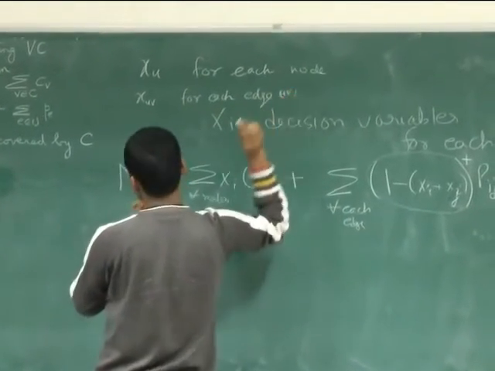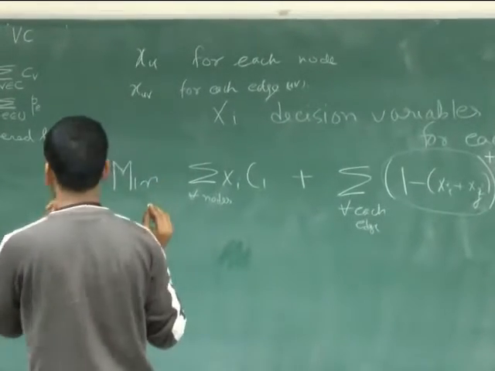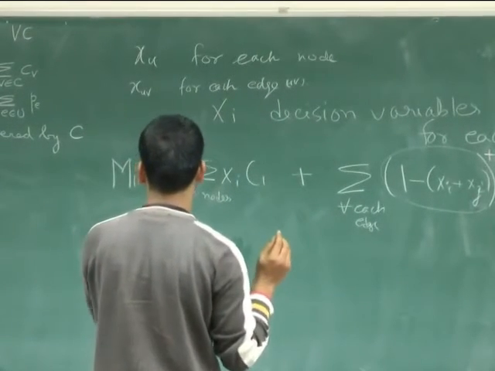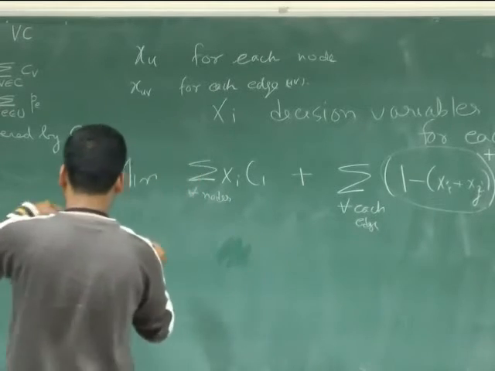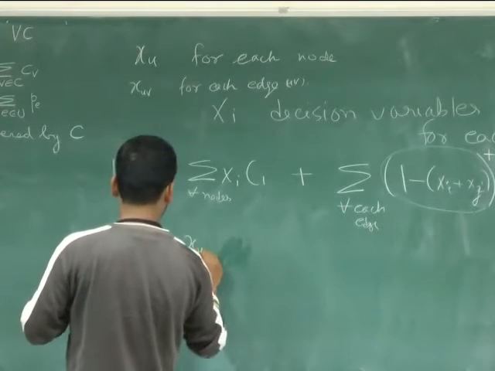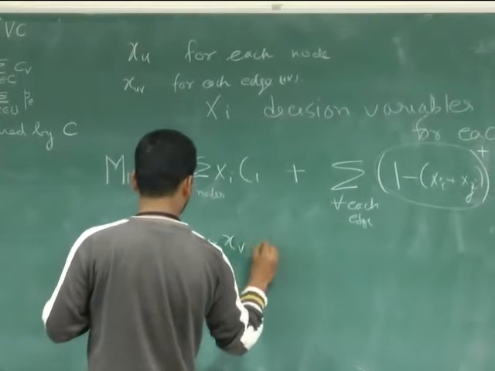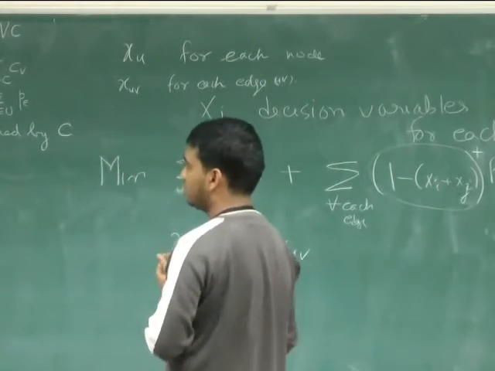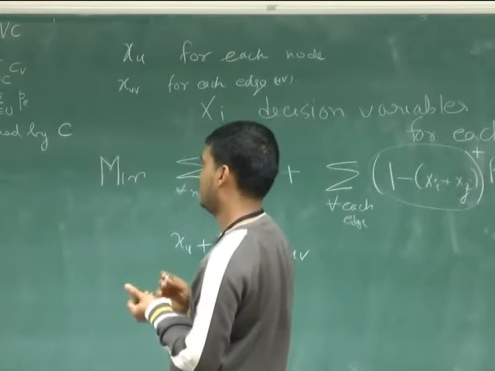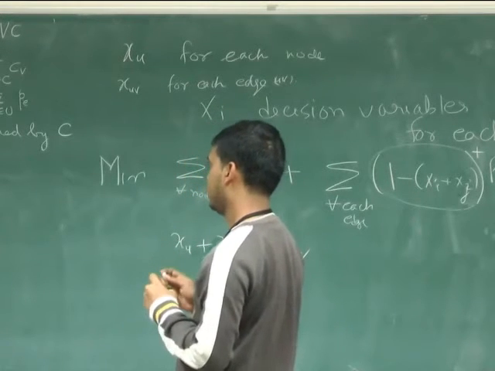What is the meaning? What if XUV is 1? What does it mean? So the constraint would be XU plus XV greater than or equal to XUV. So XUV is going to denote whether you're covering it or not. So if XUV is 1, you're supposed to cover it.